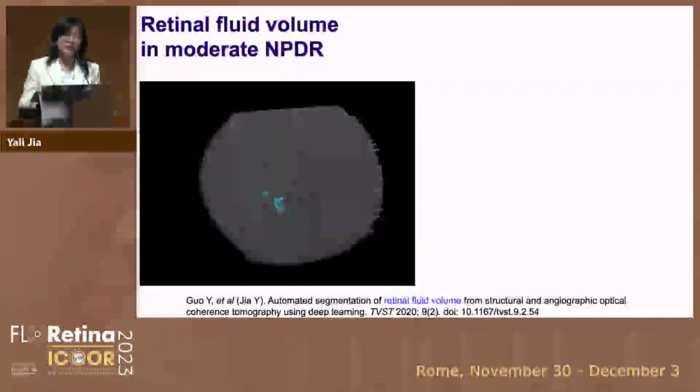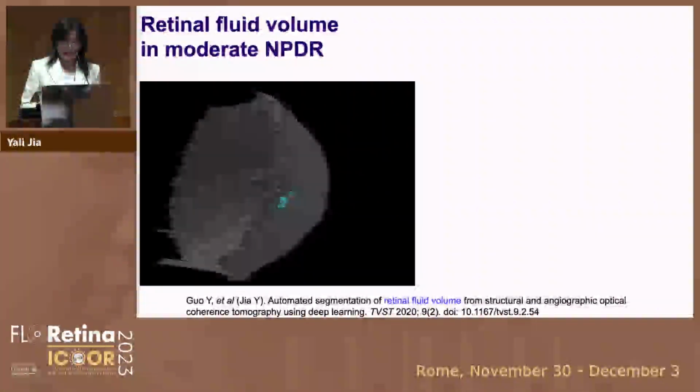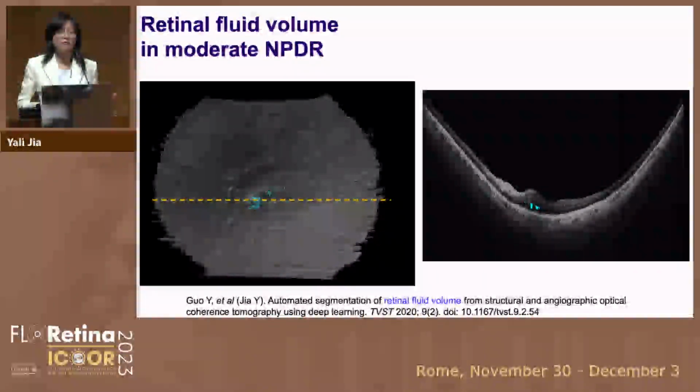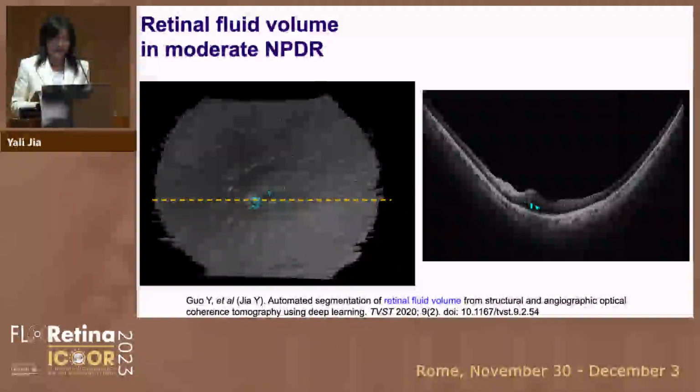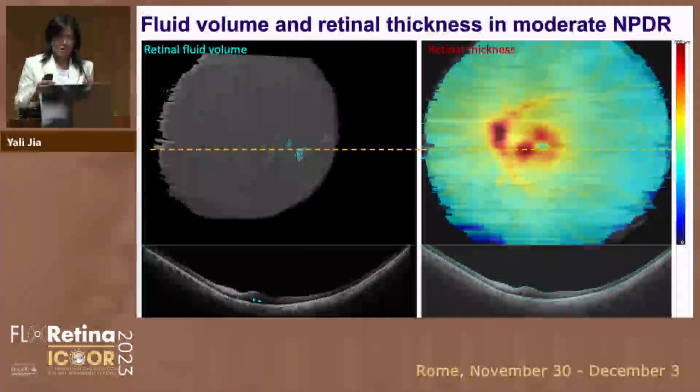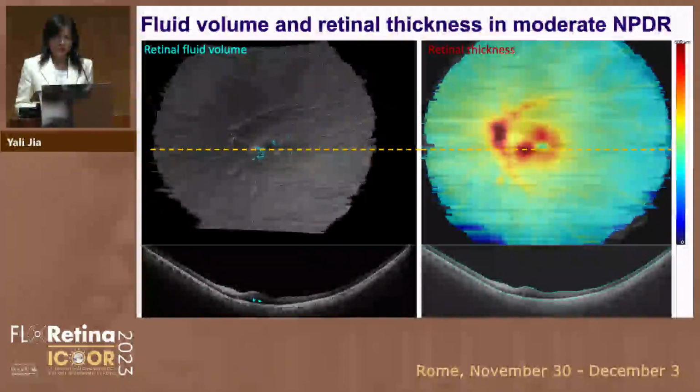I want to show you, don't forget about structural OCT. Structural OCT also contains a lot of information. For example, in this non-proliferative DR case, using those wide field scans, we can easily screen where the retinal fluid is. So basically, we generate a retinal fluid volume from this entire 26 millimeter scan. You can see some very tiny fluid in the central macular area, and that's very similar, or identical, to the retinal thickness location.